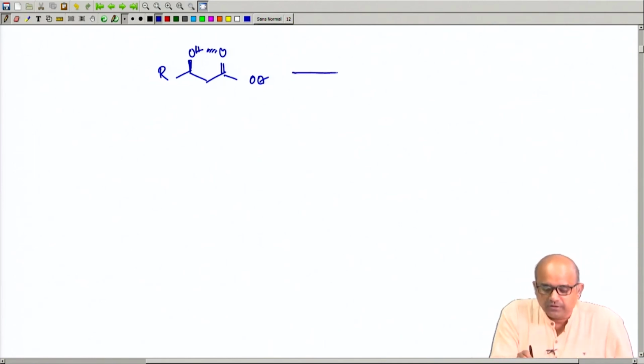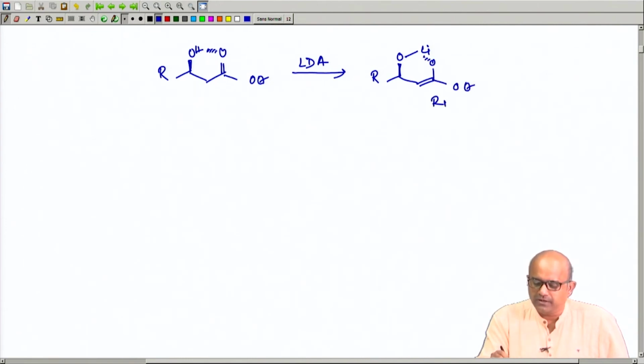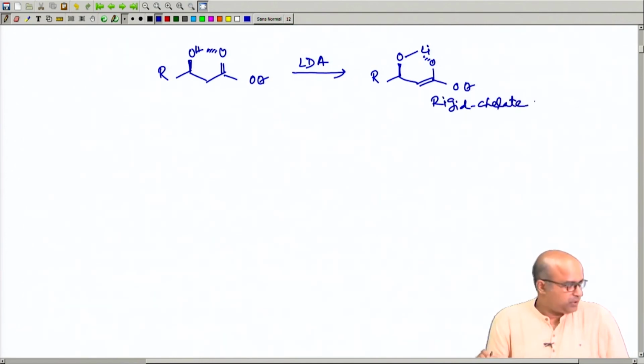So, simply treat with a base, and that eventually replaces the hydrogen with a lithium, and you now see this kind of enolate formation. So, this rigid chelate was the main factor in predicting the stereoselectivity.